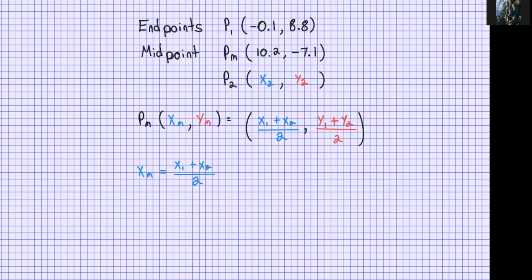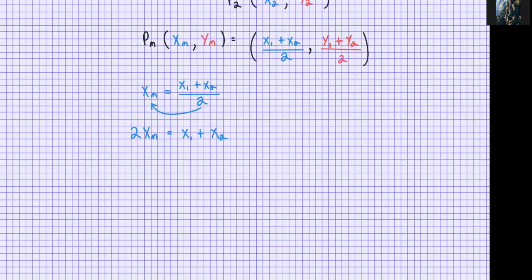So first of all, the 2 is dividing, so it will have to go to the other side, multiply. So 2 times xm will be equal to x1 plus x2. And then the x1 is adding, so it will have to go to the other side, subtracting. And there we go. We have our x2 isolated.